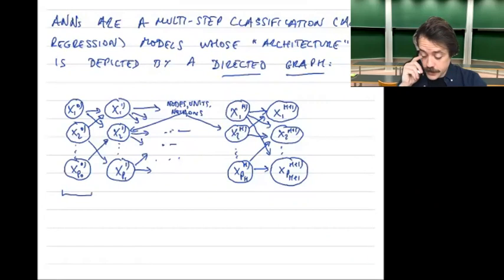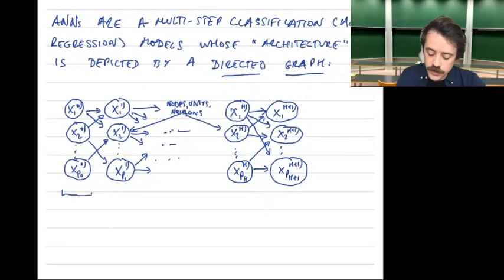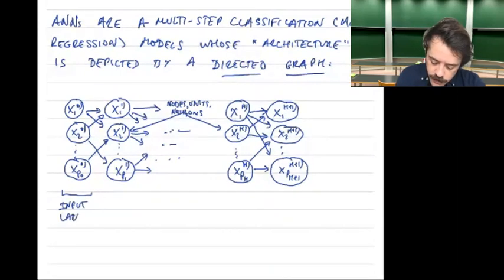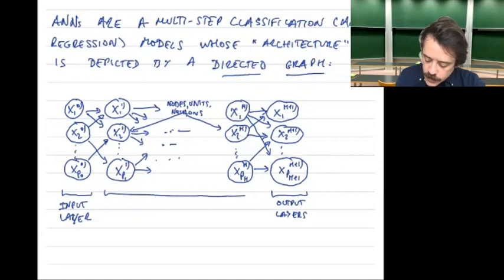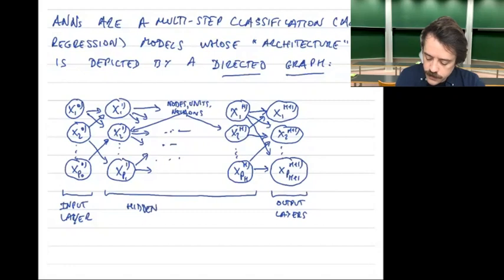Because we now have these directions, we see that we can classify them into different, these things that I was calling columns, they can be layers as well. And so this is the input layer. This is the output layer. And then the rest of the layers in between are called the hidden layers.